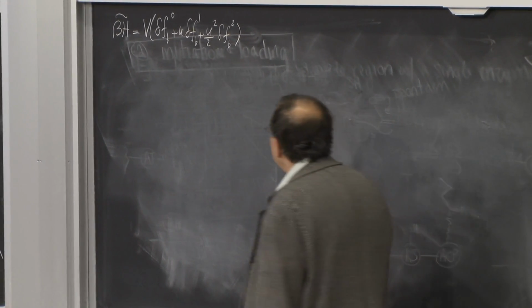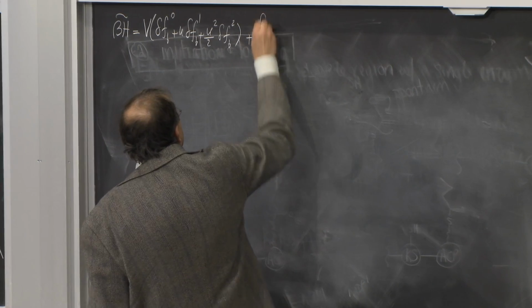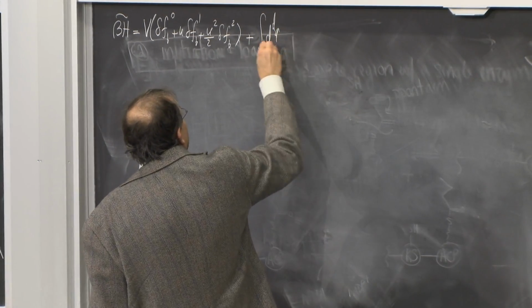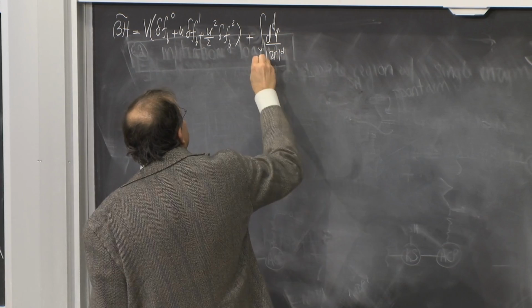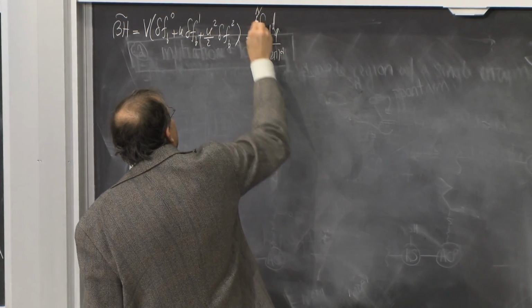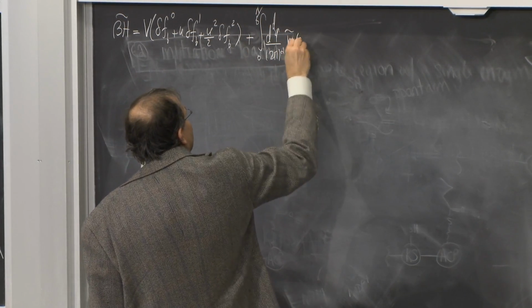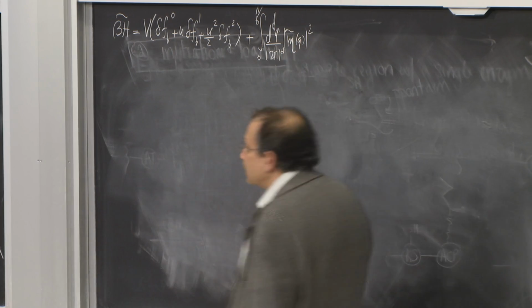Then we find that we get terms that are proportional to m tilde squared, the Gaussian.